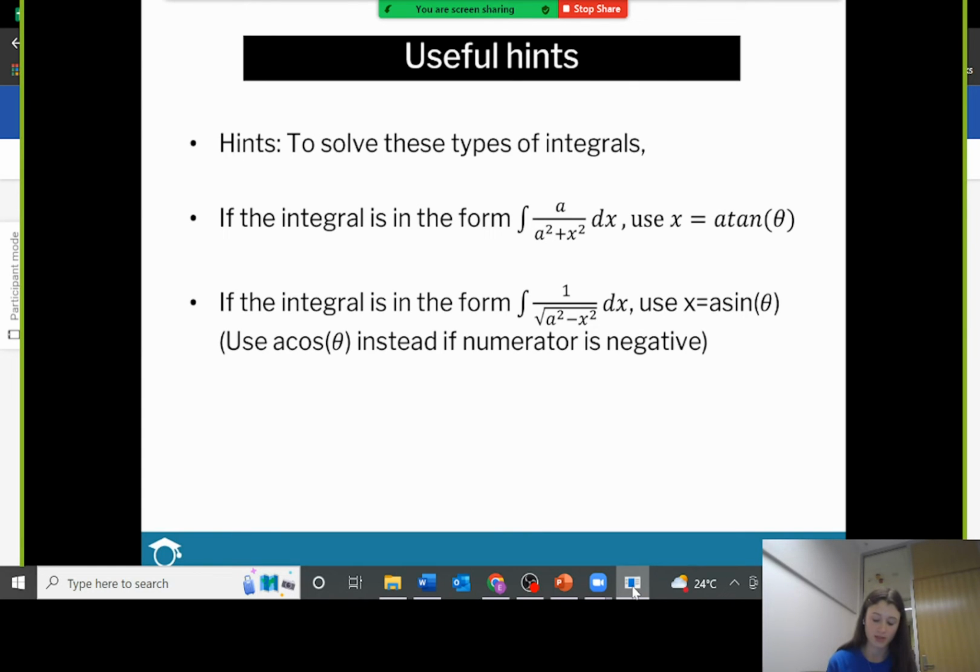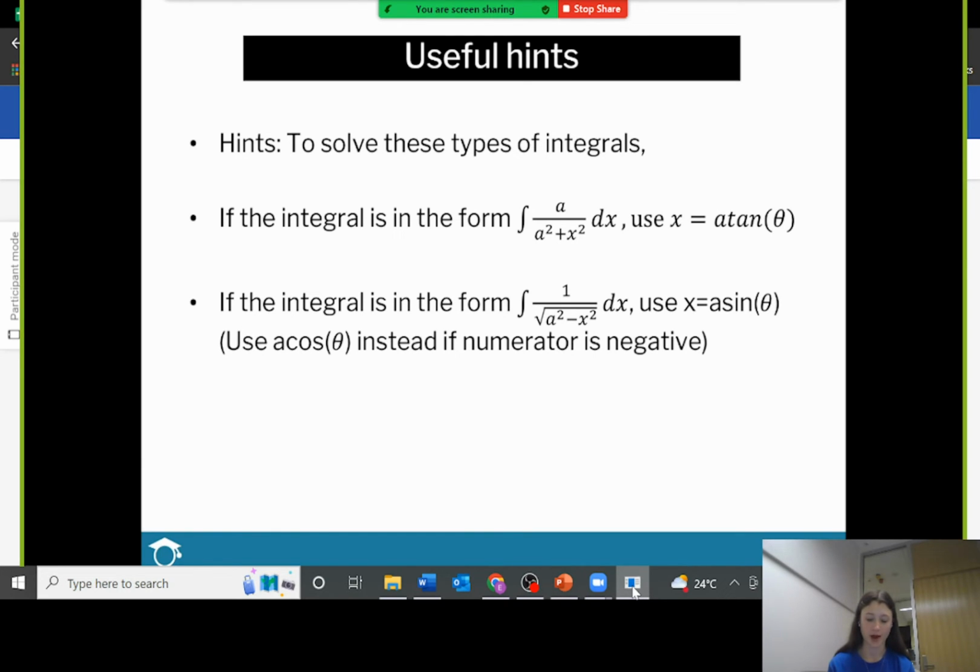So just some hints: if the integral is in the form of a on a squared plus x squared, you can use tan. Another helpful hint is if the numerator isn't actually a, it's something completely different. Remember, when you have an integral, you can take any constant out the front or bring it back into the integral.